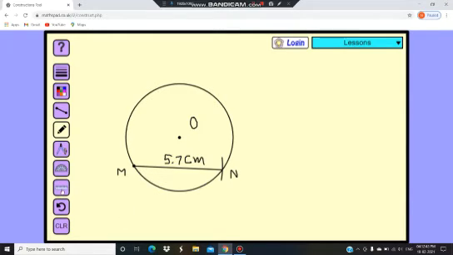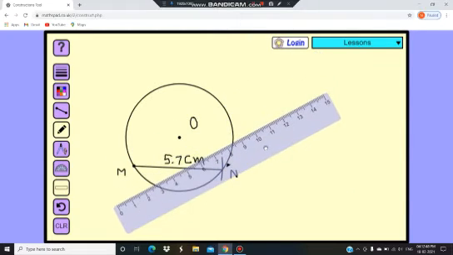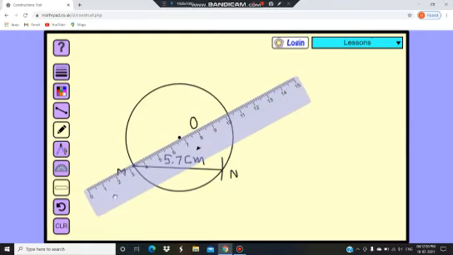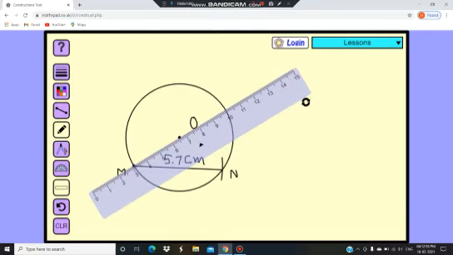So now take a scale. Through the point O and through the point M, passing through this point, we have to draw one ray.